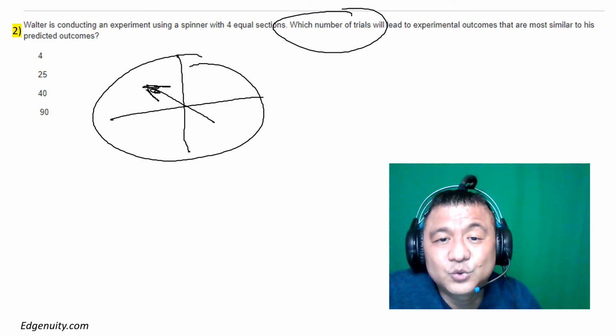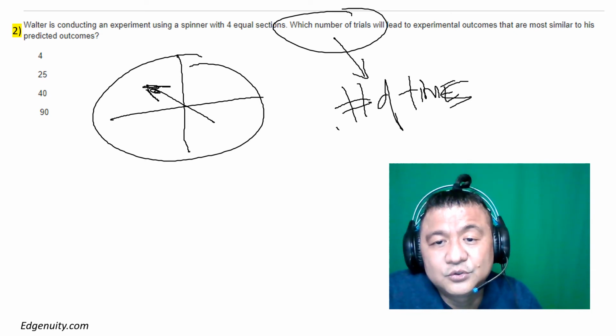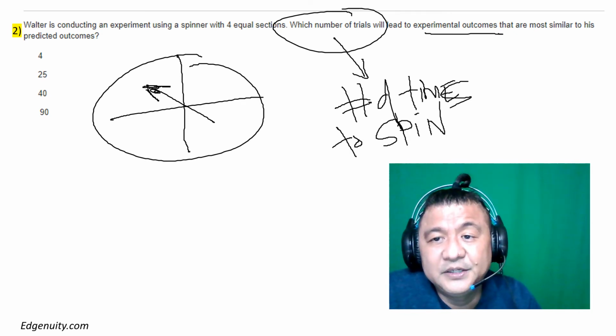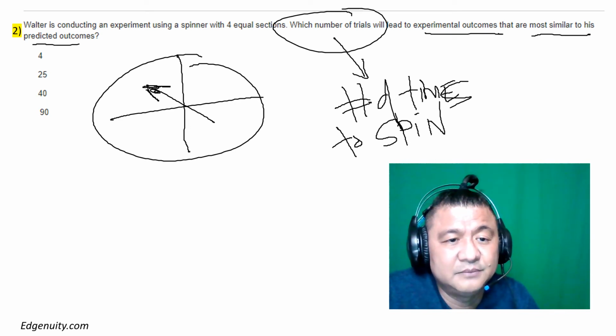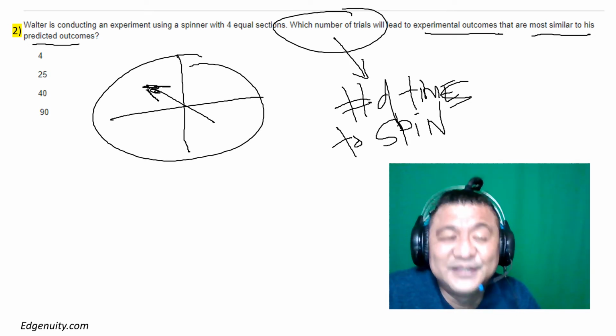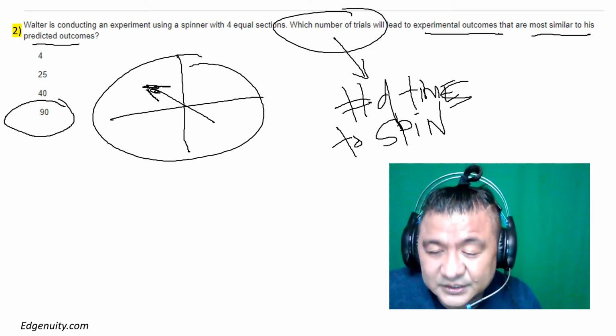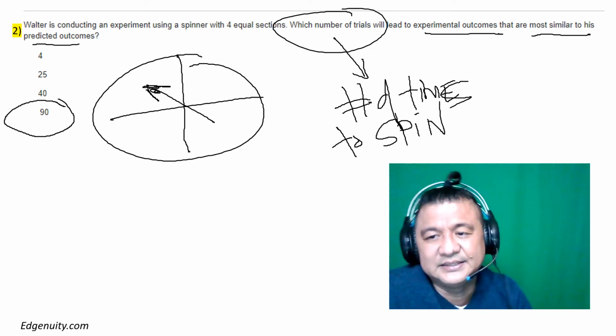How many times will he spin it, so that the experimental outcomes will be similar to his predicted outcomes? Is it the more or the less? Remember the lesson? Yes, the more trials you do, the nearer it will be to the theoretical.